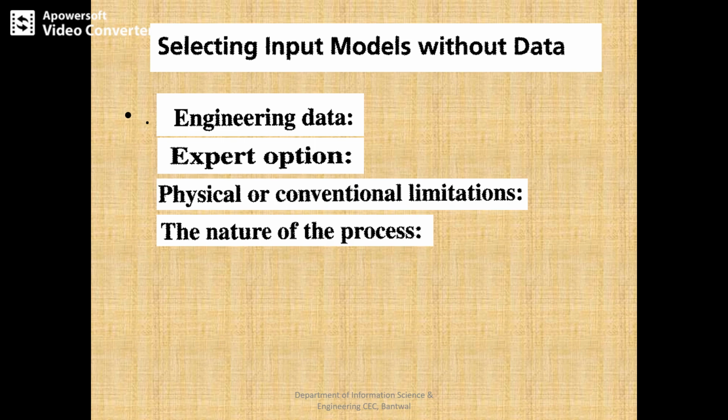Company rules might specify a time or production standard. These values provide a starting point for input modeling by fixing a central value. If there is no actual data, by looking at the performance rating we could use a central value. That is the engineering data.